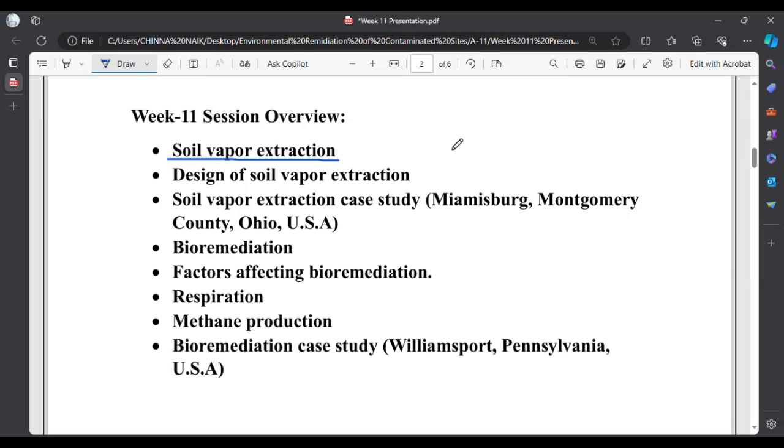This gas will be collected through the collection wells.